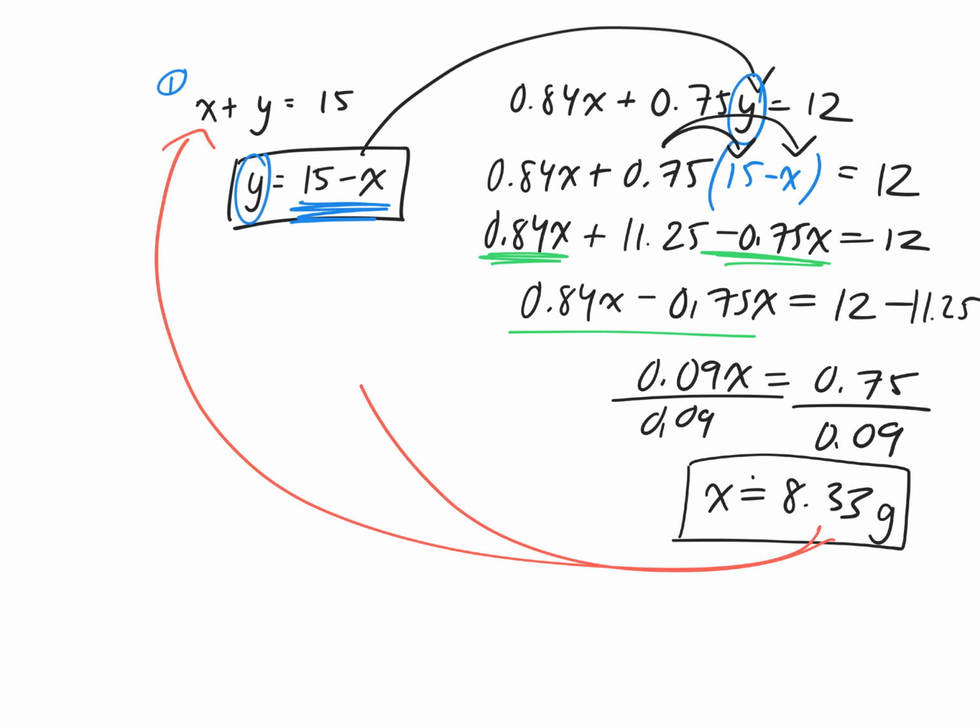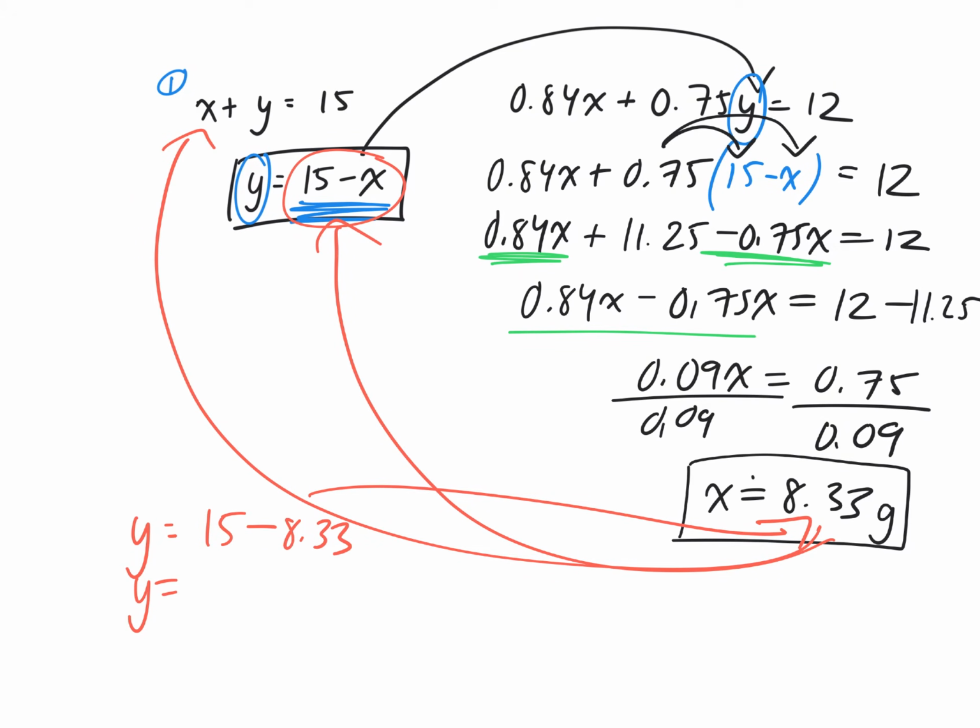Or I could plug it into this equation, because I've already rearranged it, right? Y is equal to 15 take away x. So that means y is equal to 15 take away, well, what's x? 8.33. So y is equal to approximately 6.67 grams.